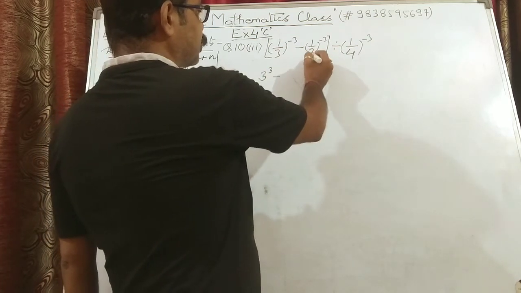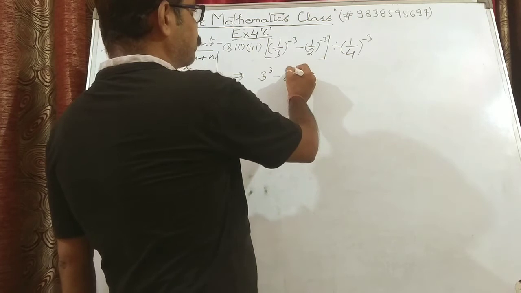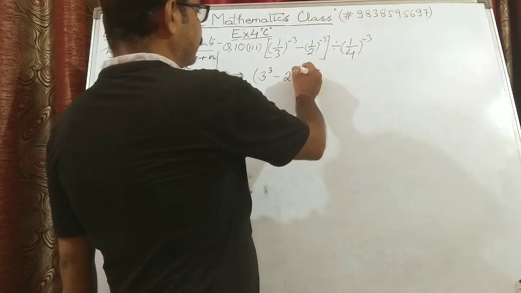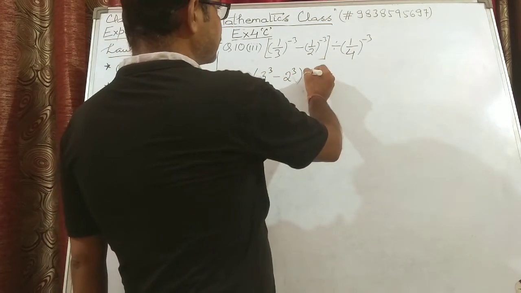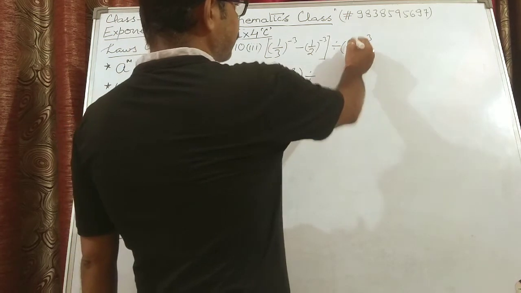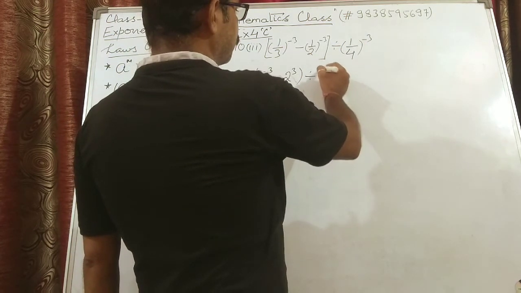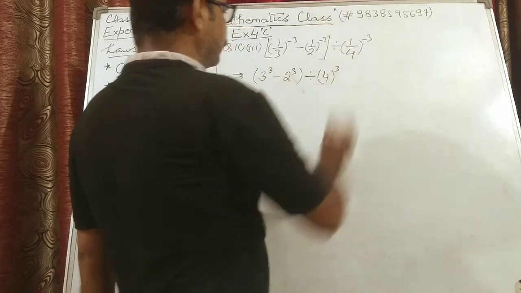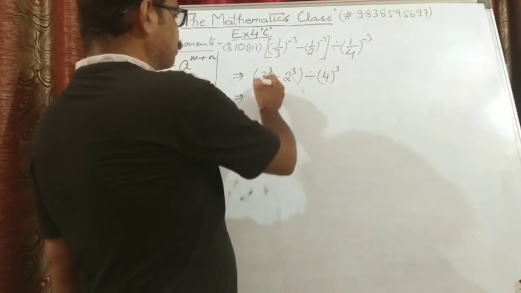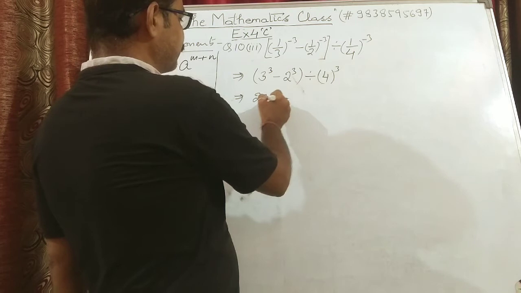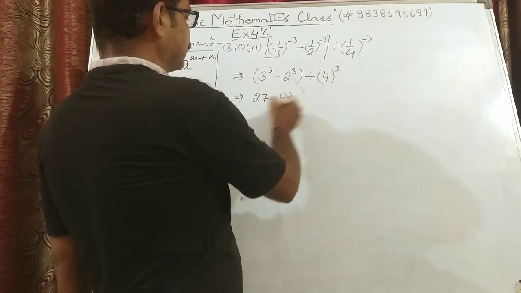Minus 1 upon 2 can be written as 2 upon 1, or simply 2 to the power 3. Then the division sign is there. 1 upon 4 can be written as 4 to the power 3. We have discussed it so many times. Now 3 threes are 9, 3 nines are 27, minus 2 to the 4, 2 fours are 8.